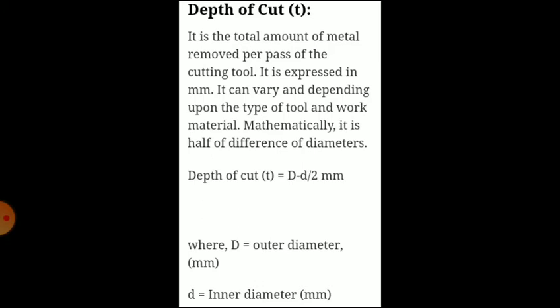So depth of cut is equal to D minus d upon 2, expressed in mm, where capital D is the original diameter, or outer diameter, and small d is the reduced diameter, or inner diameter, in mm.